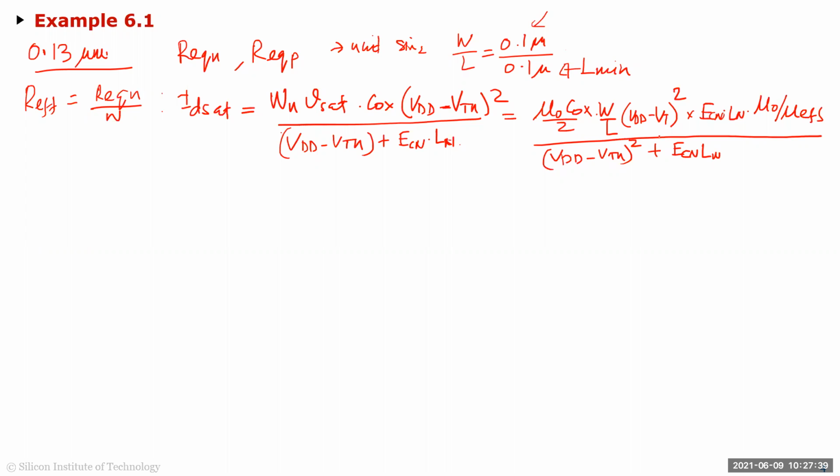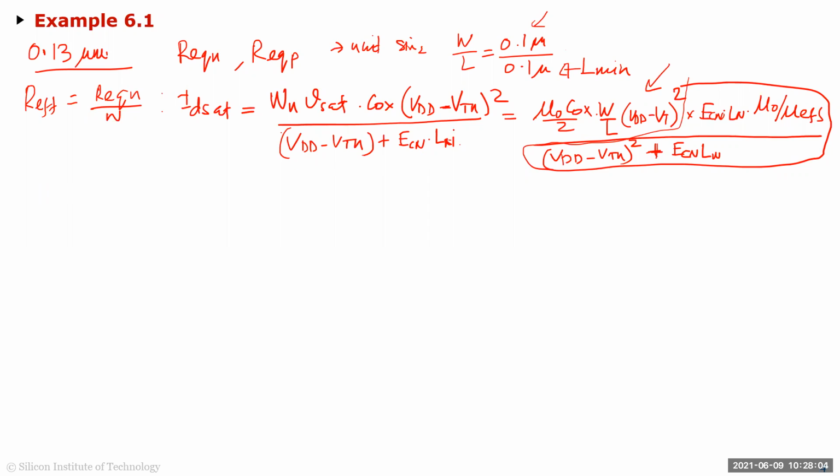I like writing it this way because it shows what the correction term is compared to your old value. In fact, you can calculate this value once for a W over L of 1, and then every time just add this correction factor. It gives you an idea of how bad the high field factor is.